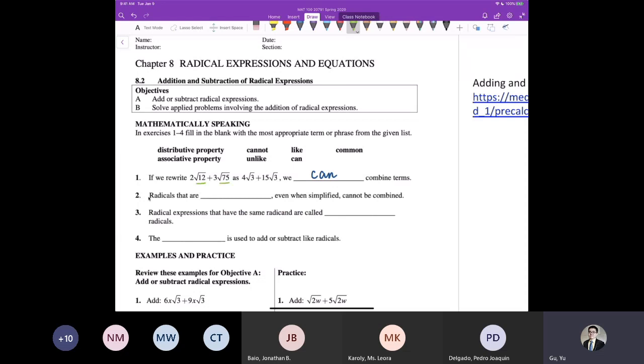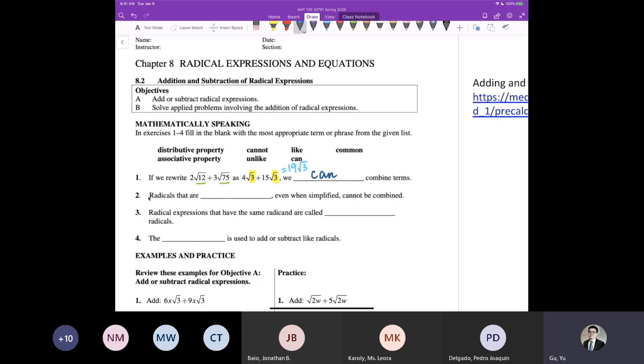They are not exactly the same, but we can simplify those radical parts using what we discussed in 8.1 and rewrite the expression as 4 radical 3 plus 15 radical 3. Now they do have the same radical part, then you could simply combine them. In this case, you simply add the numbers outside. 4 plus 15, that's 19, followed by radical 3. And that will be the answer if you add those two radical numbers.